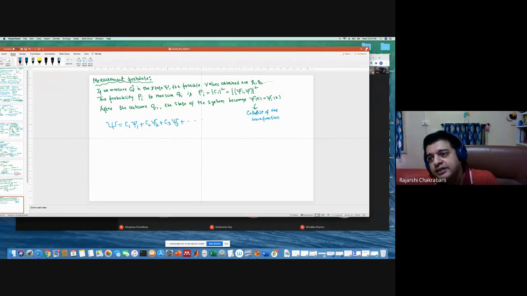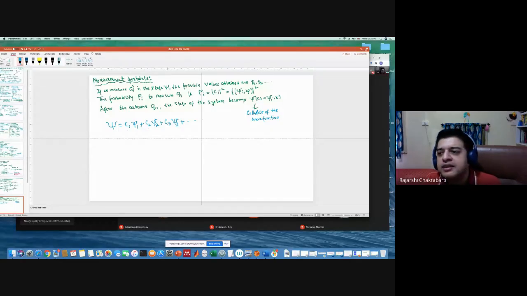So I can take, for example, a linear combination of psi1 and psi2, and I make C1 and C2 both equal, so that C1 square plus C2 square equal to 1, but C1 equal to C2. So basically C1 square is half. So C1 is 1 over root 2, C2 is 1 over root 2.